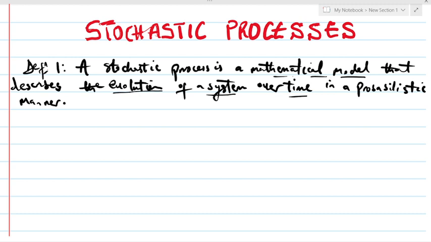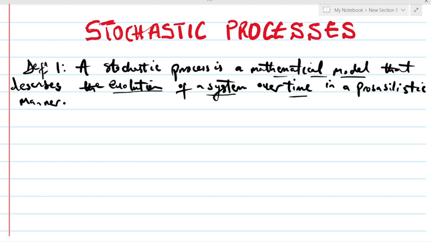Every system around us changes over time. So how does that change occur? What is the evolution of a system over time? We try our best to employ a mathematical model to check how the weather changes over time. When we flip a coin, how does that change over time?